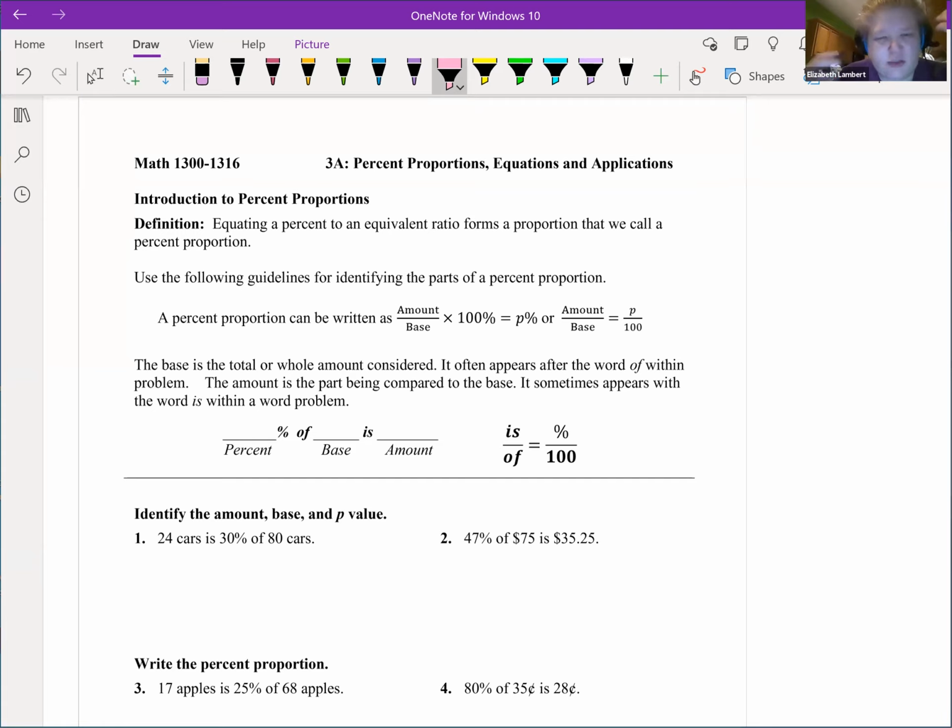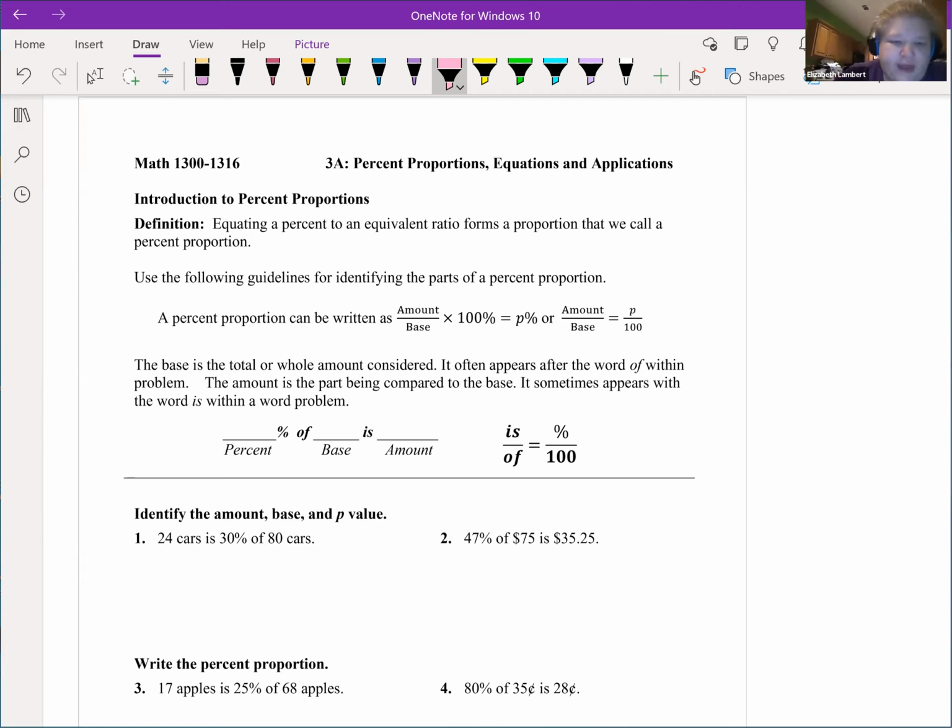And I find if you can just think of it in that way or rewrite the question into that, that's what I often do in my head. I read the question and then I say they're asking what is 20% of this, or they're telling me that this is 20% of some unknown. So I'm still identifying is and of in there. All right.